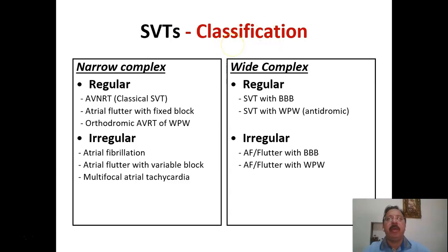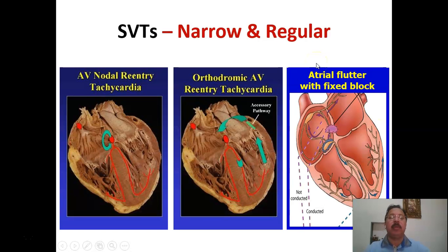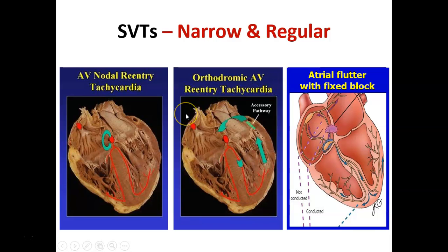Similarly, if the impulse bypasses the AV node and goes through the accessory pathways to the myocardial tissue, the complex may get wide, as in WPW syndrome. Although the arrhythmia originates from the atria, on the way to the ventricles it may get widened due to the blockage or through the alternate route. So SVT can be narrow complex, can be wide complex. Okay, so again look.